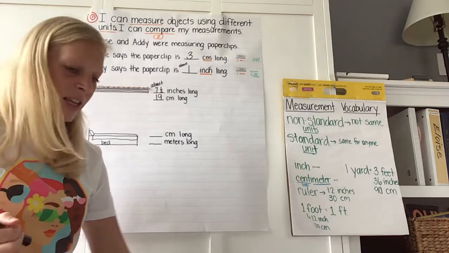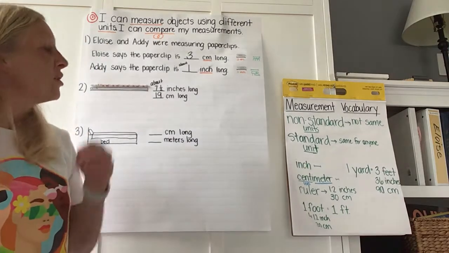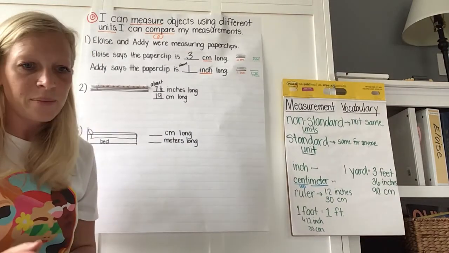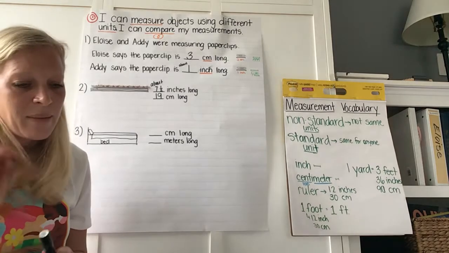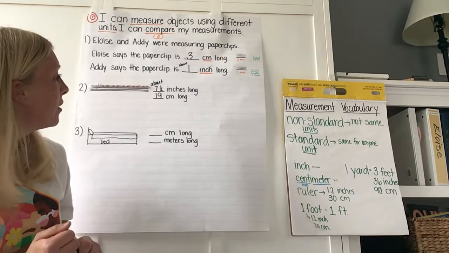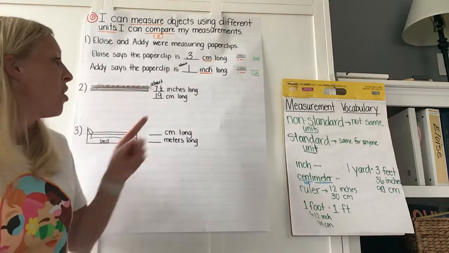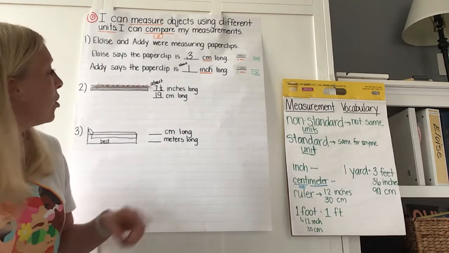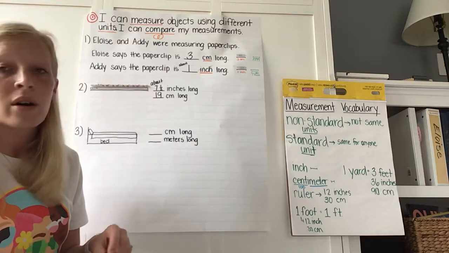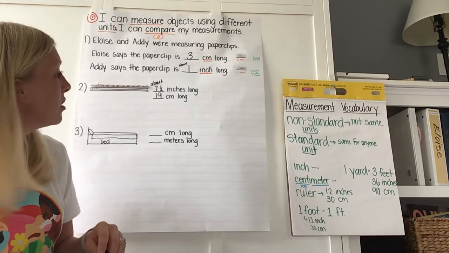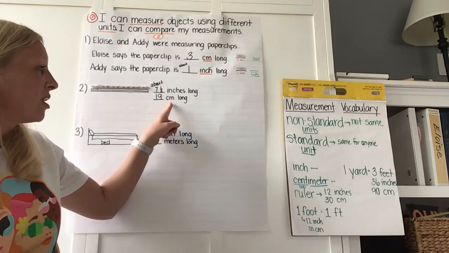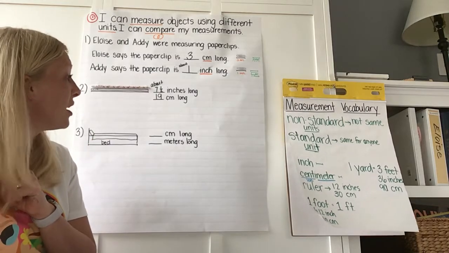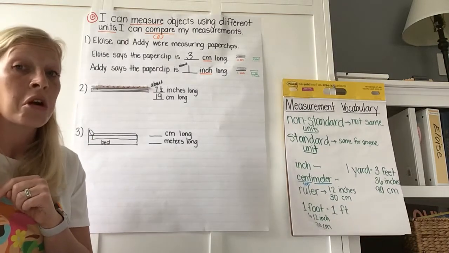Oh dear Gussie, what do you notice? What are some things that you notice about this? 7 is a smaller number than 19. 19 is more than 7. Our centimeters are smaller units, so we need more.